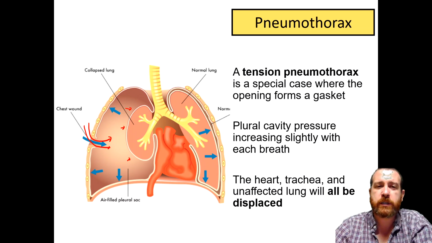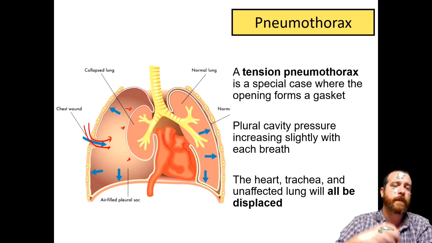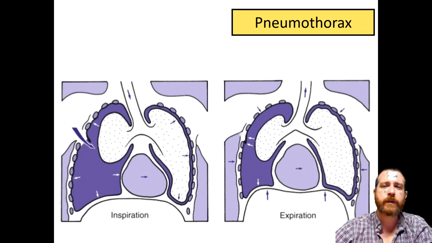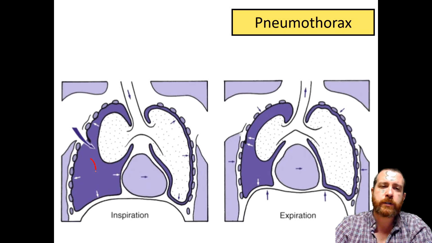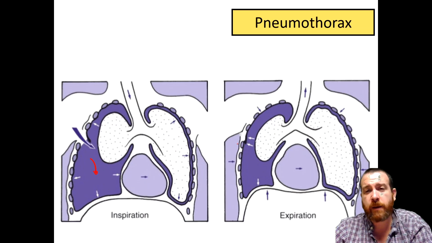Squeezing the heart, squeezing the lungs themselves, and actually even impacting the other lung that is not normally affected, right? So tension pneumothoraxes are a special case of pneumothoraxes that are really bad, right? This is just an example of what that looks like. You breathe in, air rushes into the pleural cavity. You breathe out, and that gasket slams shut, and that air's trapped there.